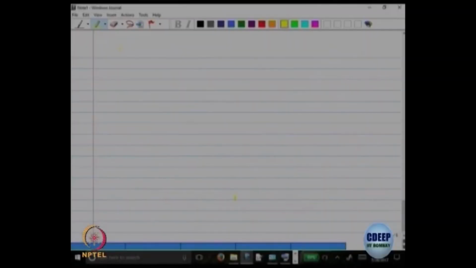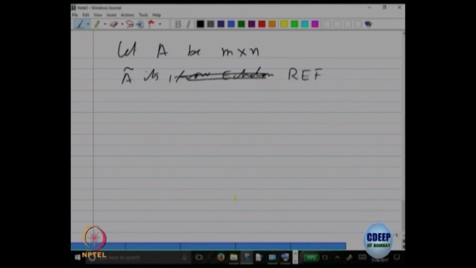So let us look at A, an m cross n matrix, and A tilde its row equivalent form. From now onward we will write R E F for row equivalent form, and RREF will be the reduced row equivalent form.